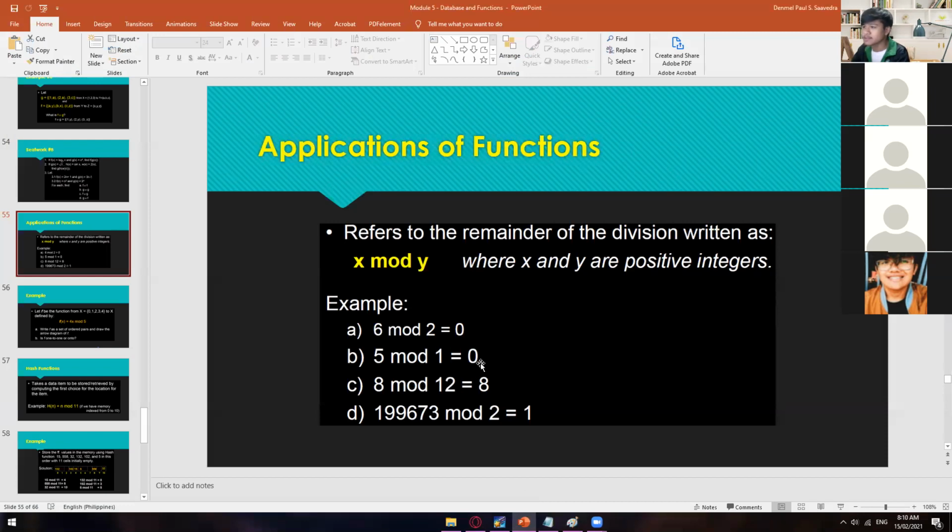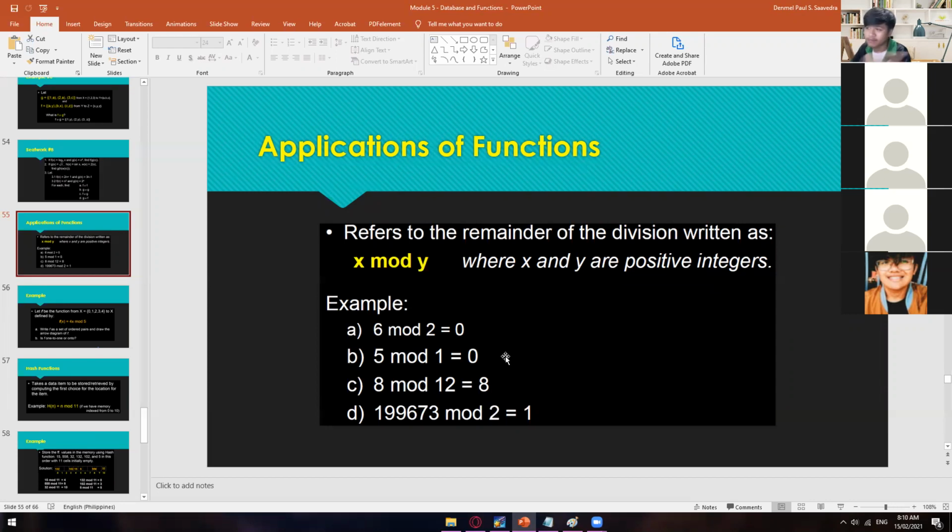Let us try to answer this example. 6 mod 2 is equal to 0. 5 mod 1 is equal to 0. Actually, any number that is mod by 1 is 0. As you can see, our condition for x and y is that they are always positive integers, so we'll never get a decimal.